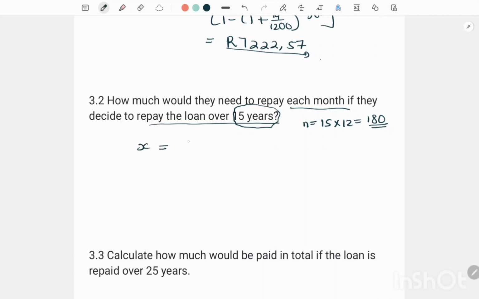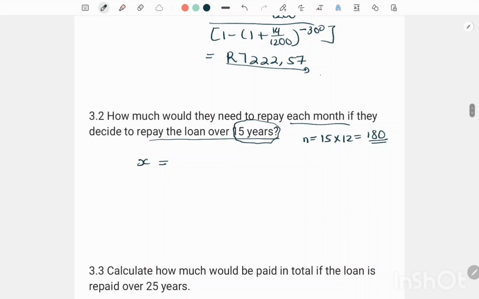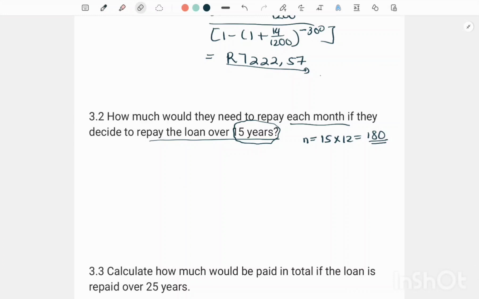So you're still going to solve for X. Remember, they have monthly payments. Sorry, I'm correct, it's X we want to know. So it's PV times I over 1 minus (1 plus I) exponent negative N. Then we still use the very same values because we want to see if only the period is affected.